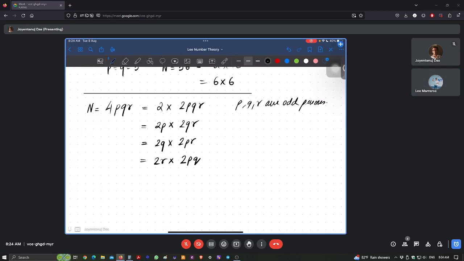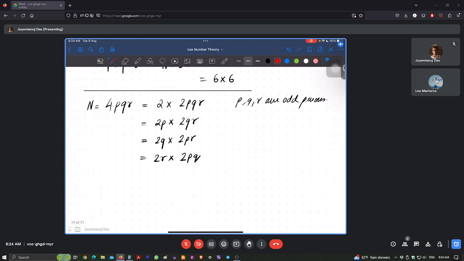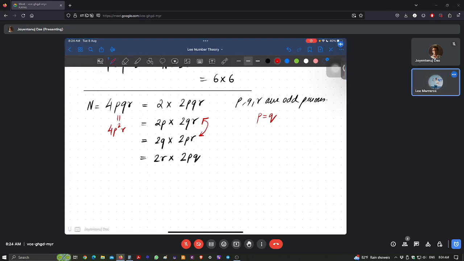So what we can do is a slight change. If P and Q are the same, so the two prime factors are the same, then this is nothing but 4P square R. P and Q are not distinct, so these two factorizations are the same, and the total number of distinct factorizations is reduced to 3.